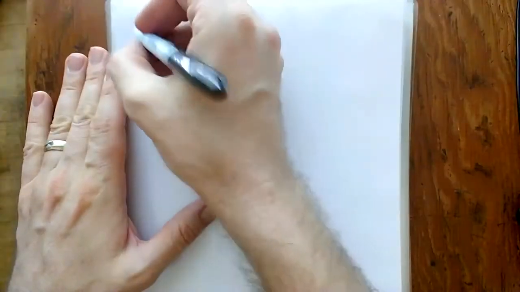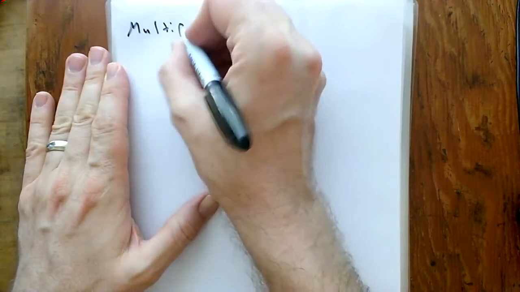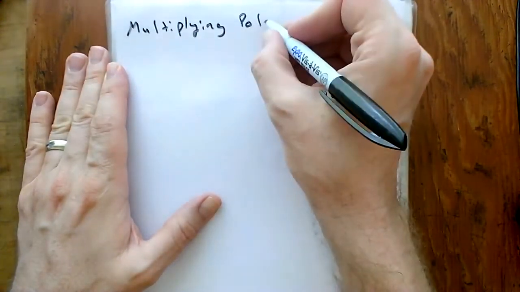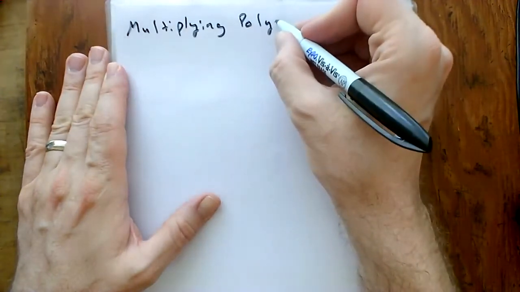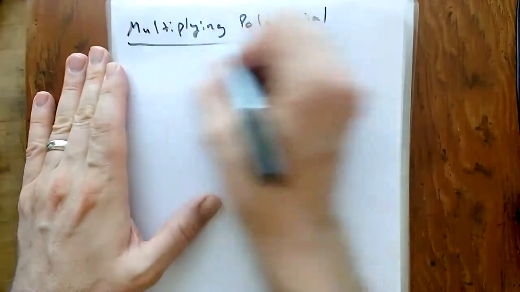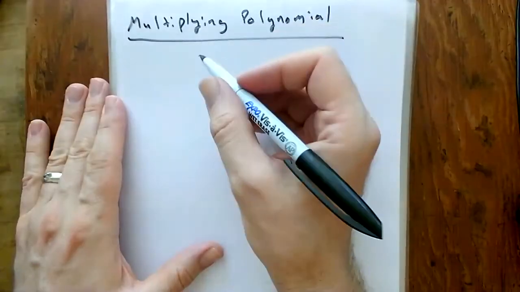Okay, we're going to be talking about multiplying polynomials. When we do this, this is where things start to get interesting in our world of polynomials. So we're going to talk about three different types.